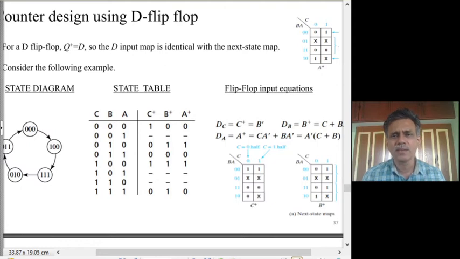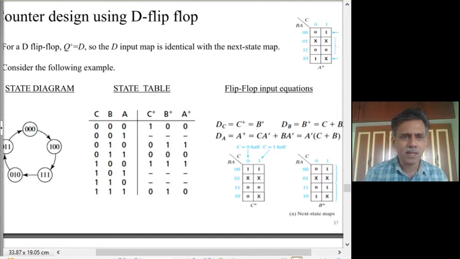For that we need the excitation table. That is, given the present bit stored in the D flip-flop and the desired next bit, what should be the corresponding D input that will make that happen? We know for a D flip-flop, whenever the appropriate clock transition comes, the D input is simply stored in the flip-flop.